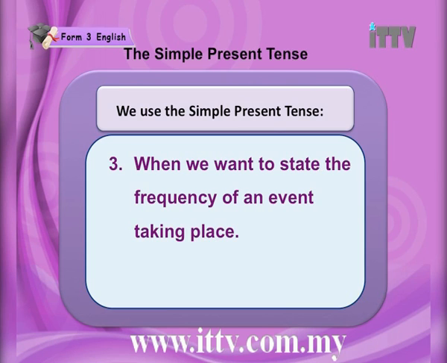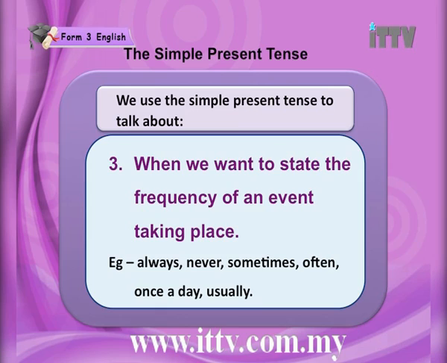Next, we use the simple present tense when we want to state the frequency of an event taking place. Look at the examples. Now, when we want to state the frequency of an event taking place, we use always, never, sometimes, often, once a day, usually.